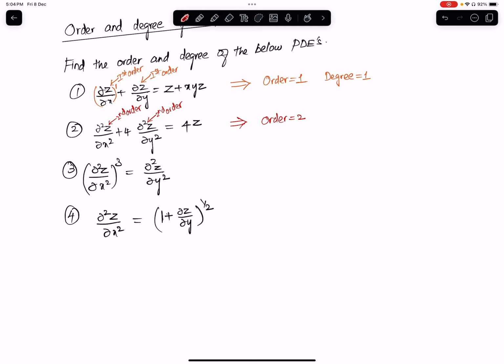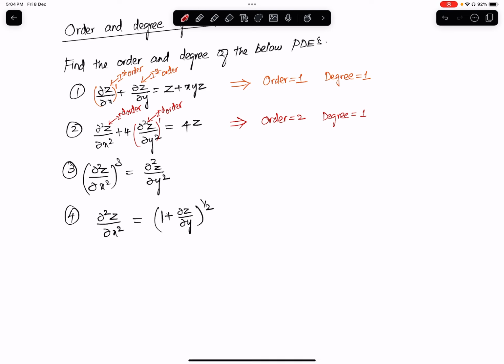Here also you have to check the degree, because both are second order and you have to take the power from the second order. So what is the degree here? The degree is equal to 1, because see the power here, it is 1, here also it is 1.